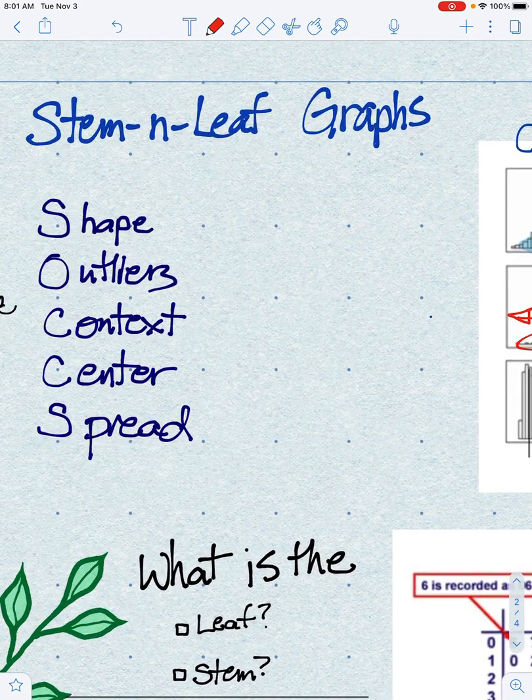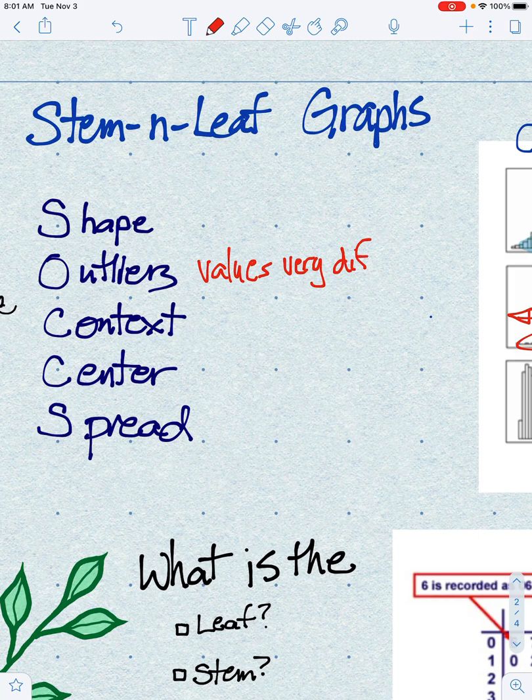Outliers: are there values which are very different from everything else, so large or so small that they really skew the data?